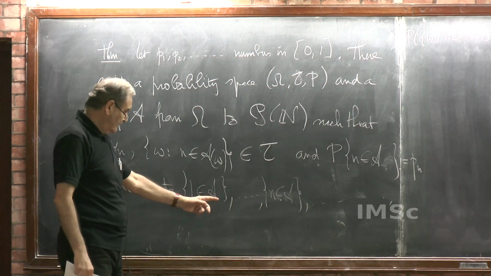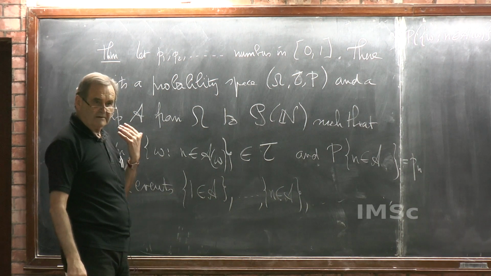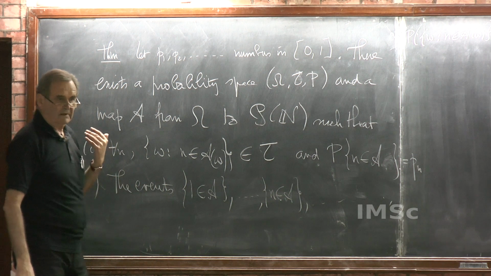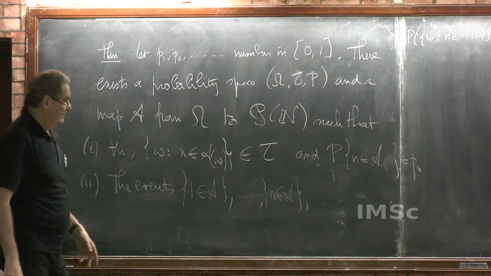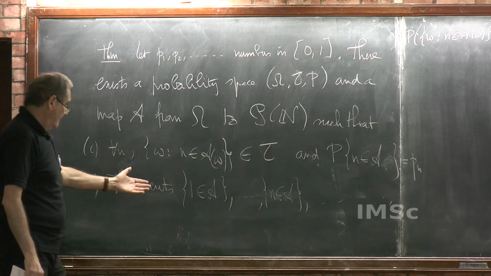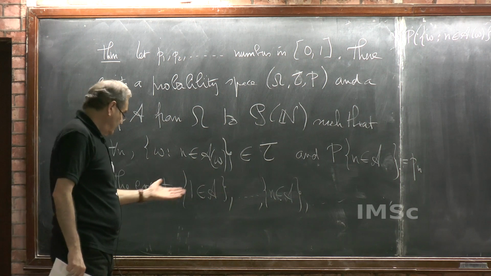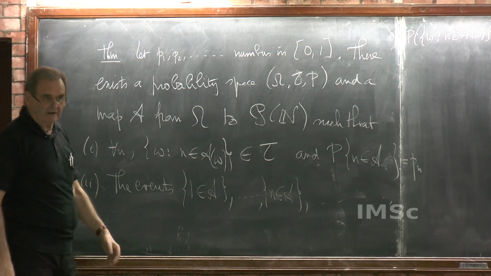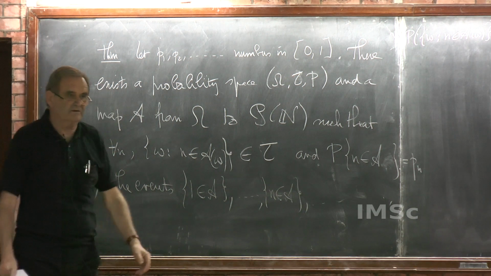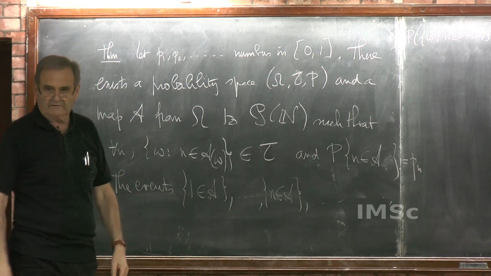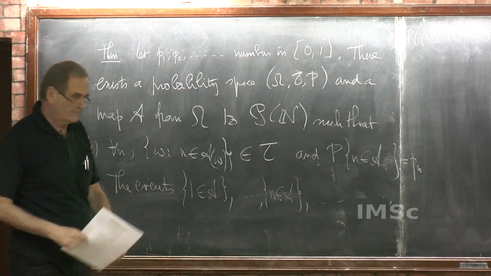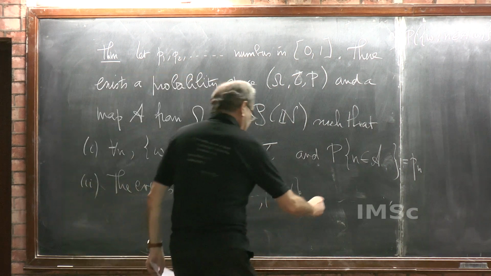So this is something which lies in capital omega, indeed they lie even in tau. And what you are saying is that these events are independent. And it's possible to build a large model on which it's true. So we don't care much. We are going to say, okay, the model exists. Let us work on that.